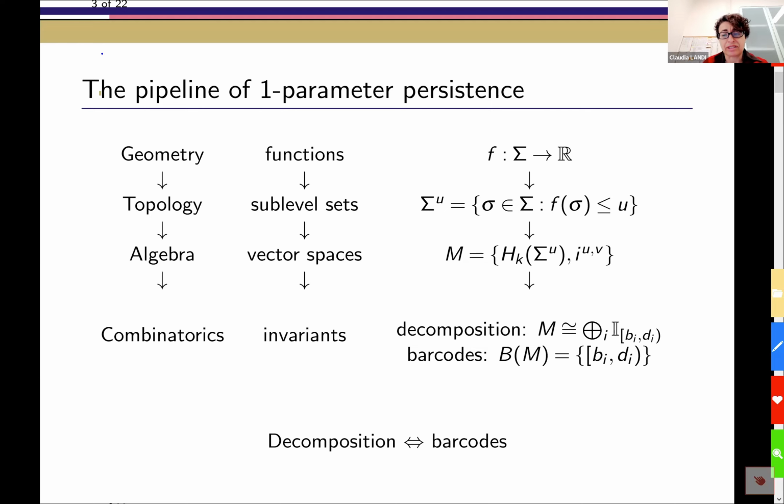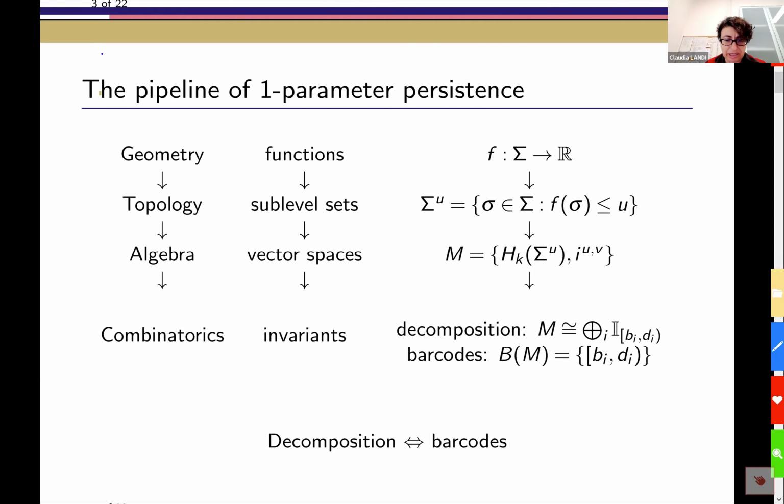They are called interval modules because their support is a real interval with endpoints b_i, d_i, and these intervals then can be grouped together to form the barcode of the persistence module.